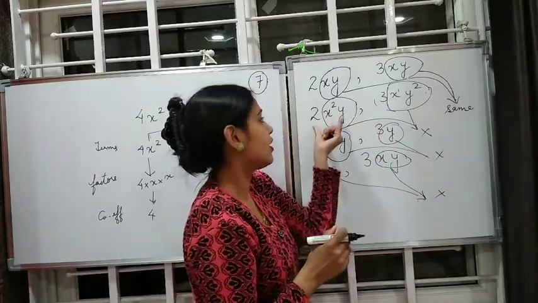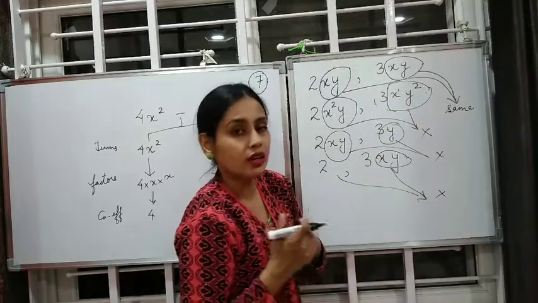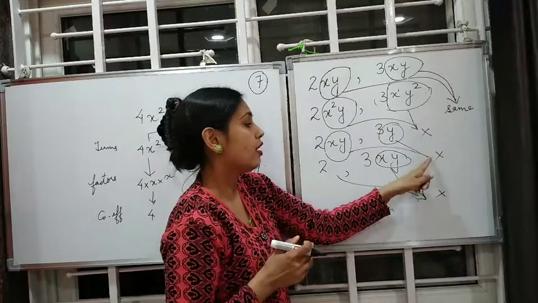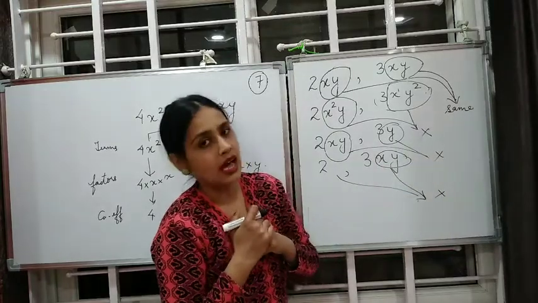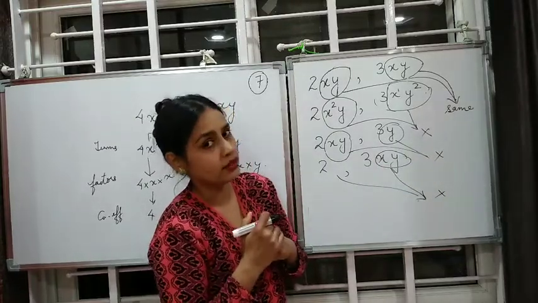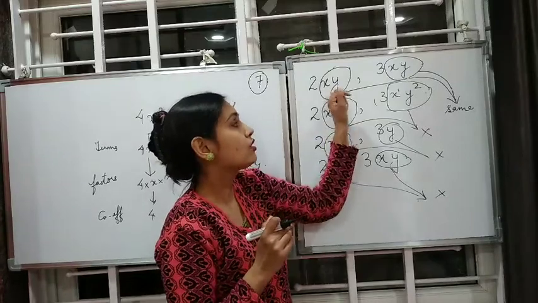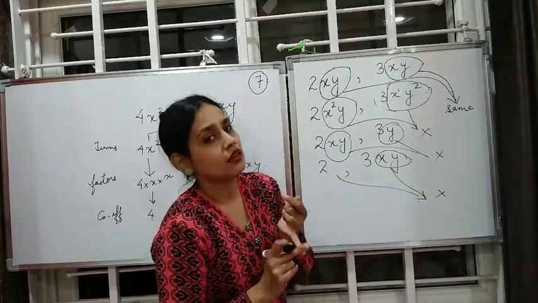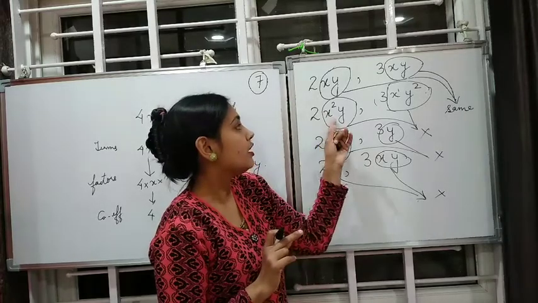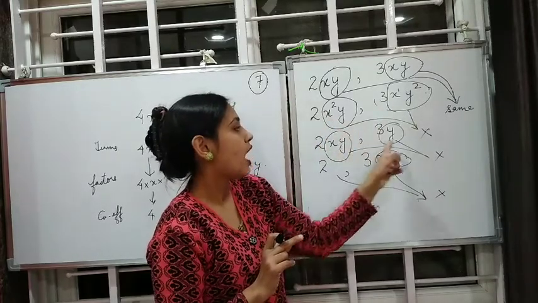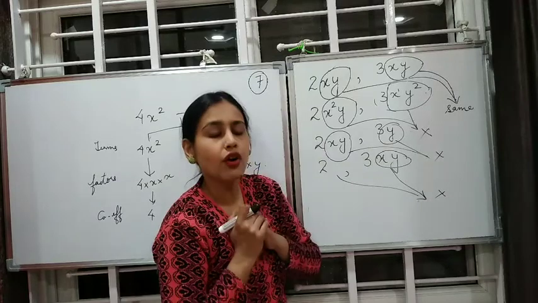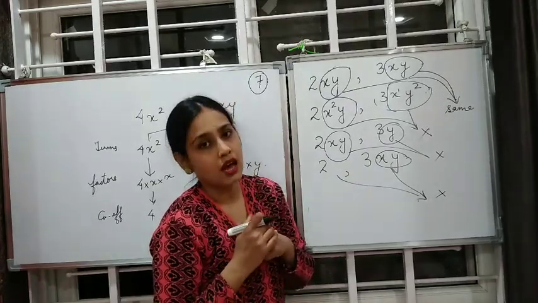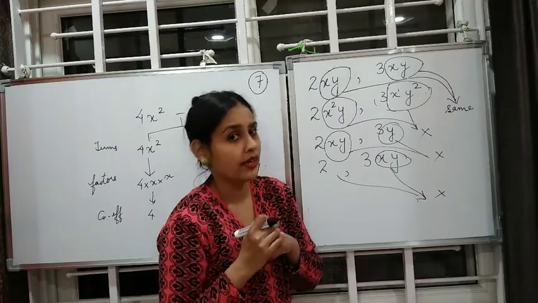That is why the two terms are not like, and in such cases the terms are known as unlike terms. So the terms whose variables are common are named like terms. The terms whose variables are not common or not same at all are called unlike terms.